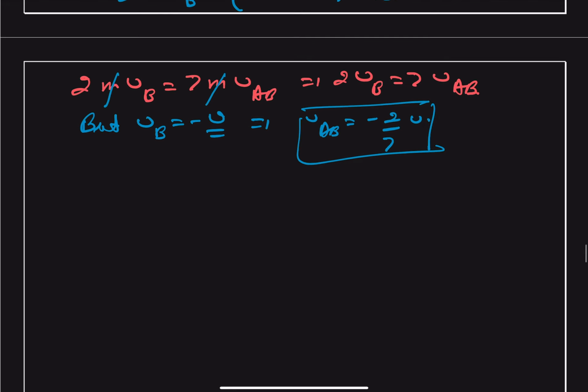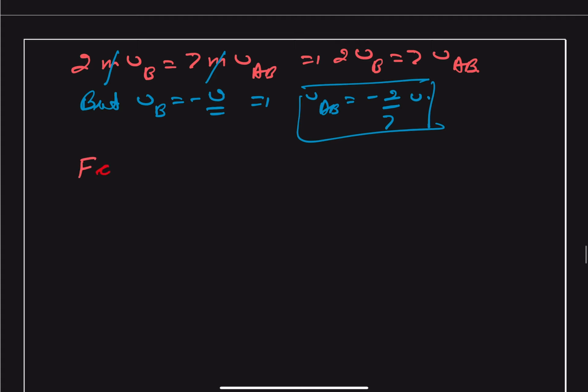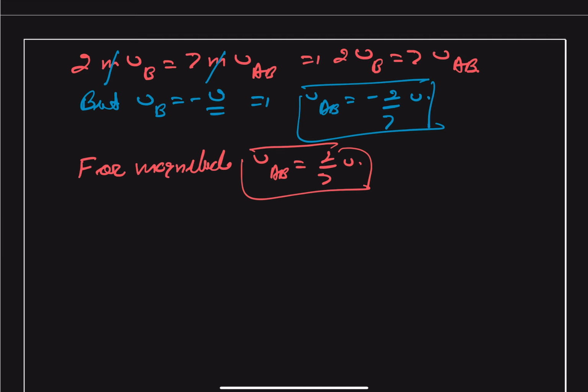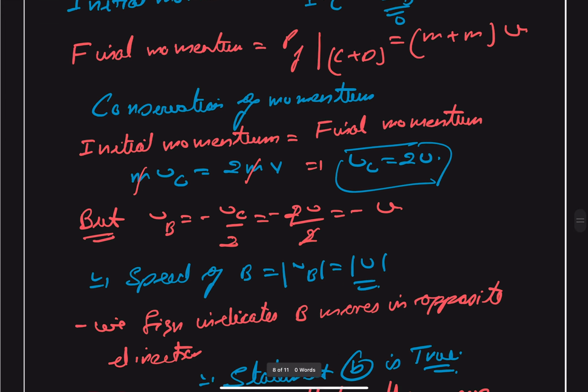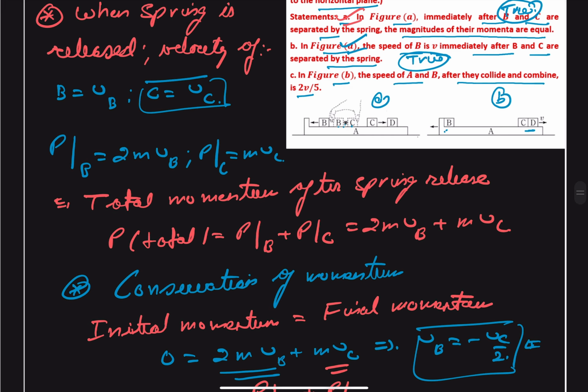And for magnitude, we get VAB is equal to 2 by 7 times V. And the option that is given to us tells us that the speed is given as 2V by 5.